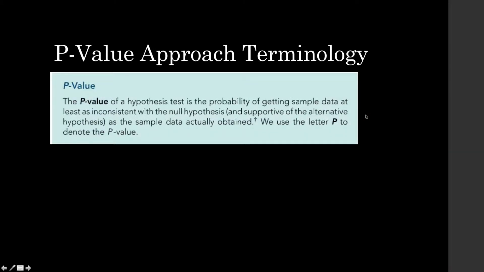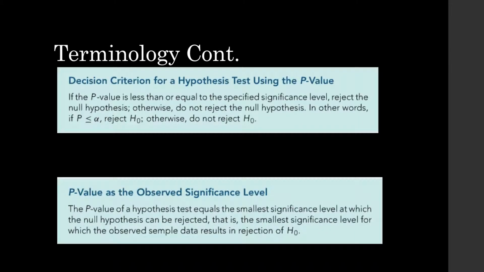So, here's our p-value terminology. The p-value is the probability of getting sample data at least as consistent with the null as the sample data actually obtained. We use the letter P to denote it.